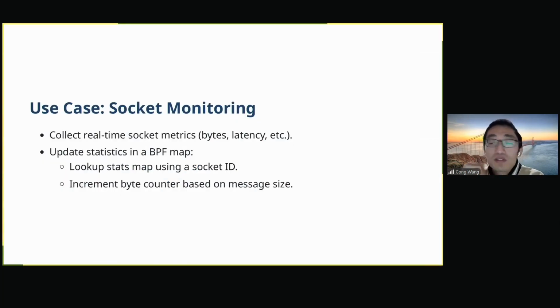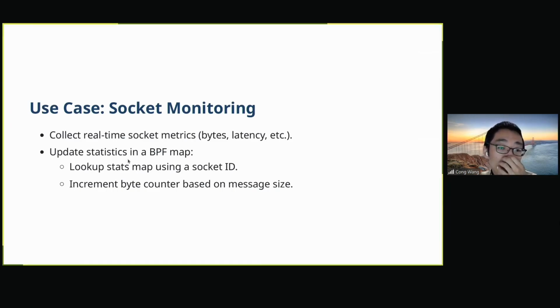Another common use case for the socket map is socket monitoring, because these kinds of programs are all for the socket layer. To monitor the socket, we could consider using the socket map programs, or otherwise you could also use some tracepoint for the socket layer. That could also work. This one could collect real-time socket metrics, like transmitted bytes.